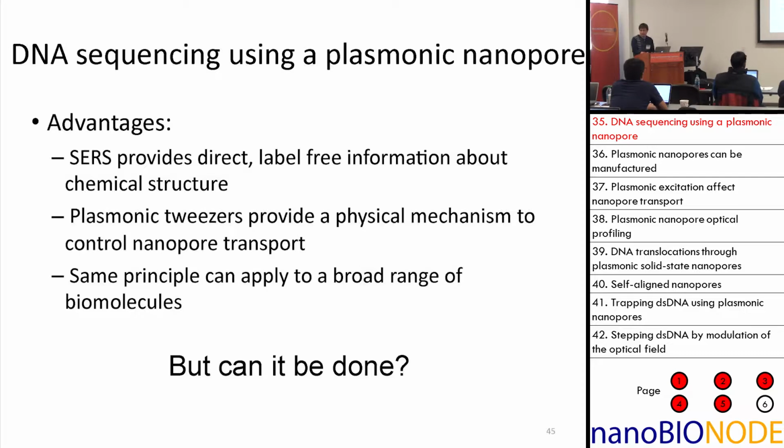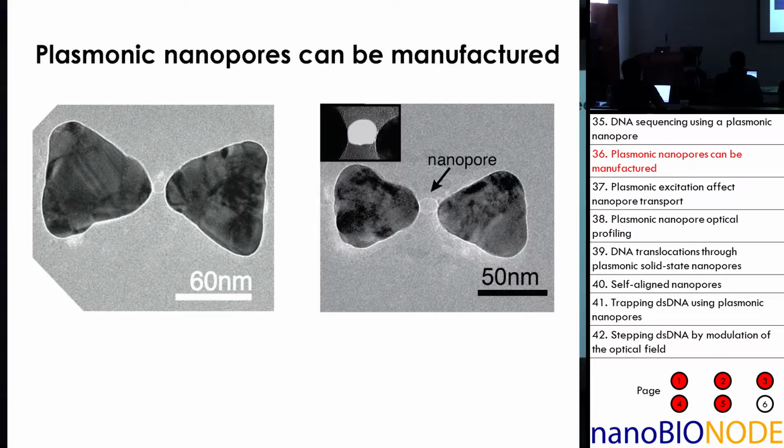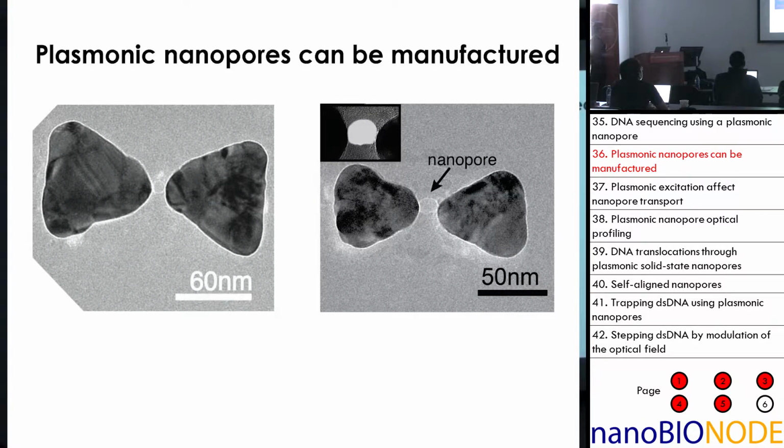But of course the question is, can it be done? And I'll tell you how far we got with it. So the first question is, can you actually make something like that? Is it at all a structure that is possible to make? The answer is yes. Here it is. You have two bow ties.